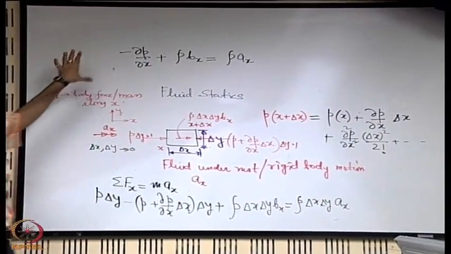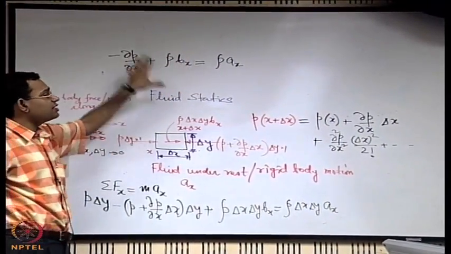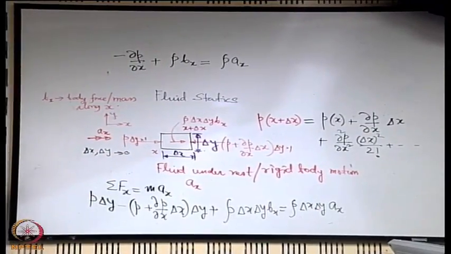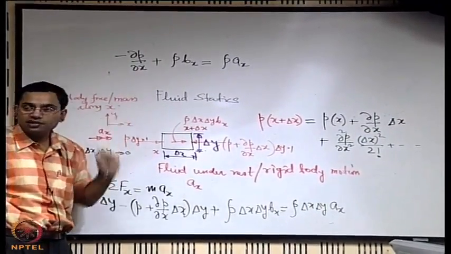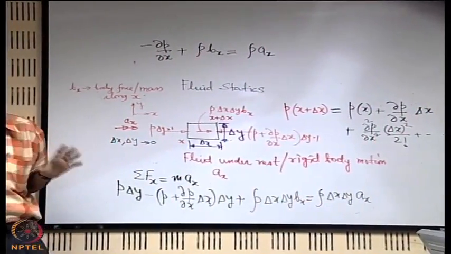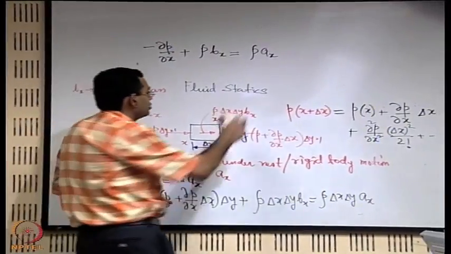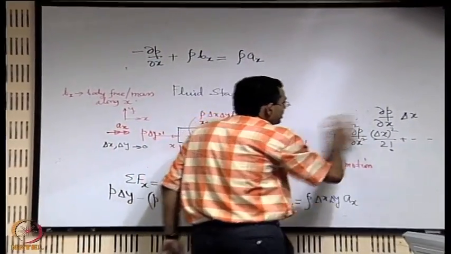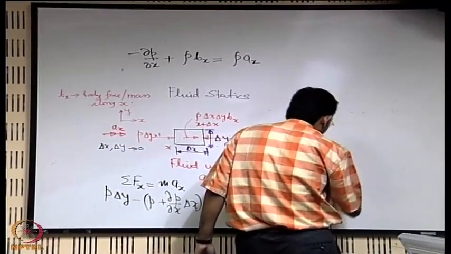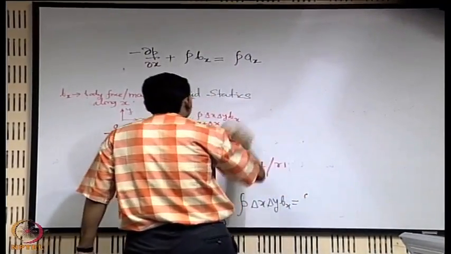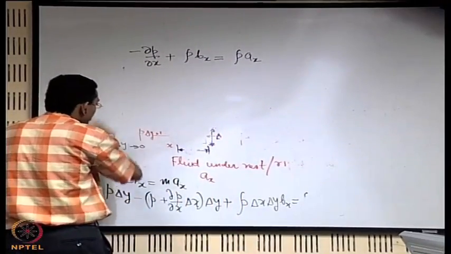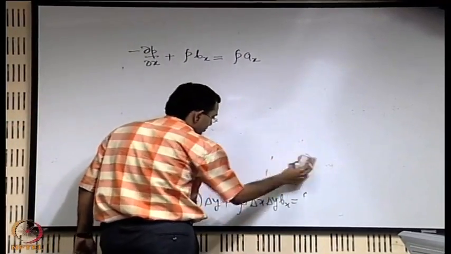This is a very general expression. This general expression just considers that there is a body force and the fluid is having some acceleration in a particular direction subjected to the body force, but it is a non-deformable fluid element. With that understanding, we will try to identify what is the variation of pressure just due to the effect of gravity as a body force in a fluid element at rest.